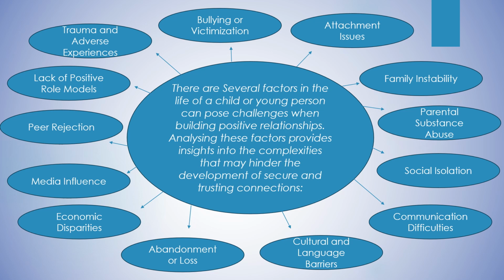Peer rejection, again, they may struggle to trust relationships, especially with young people in the home. Let's give an example. If they've come from a neglectful background, maybe they've not been fed properly, maybe they might have been unhygienic, maybe their clothes never fit them properly, maybe their hair looked dirty, maybe they had nits, things like that.